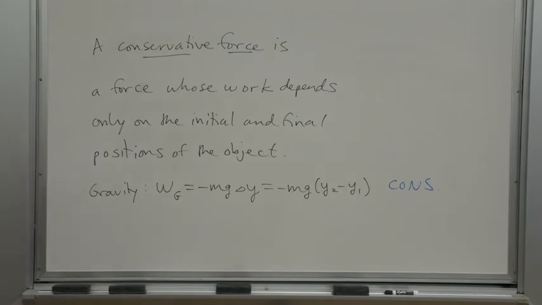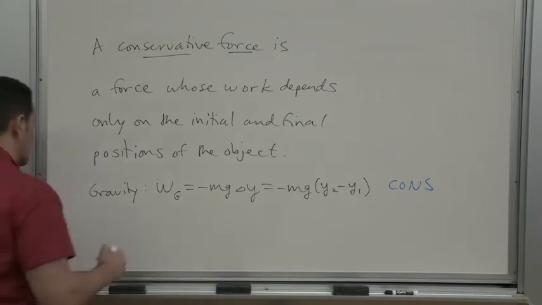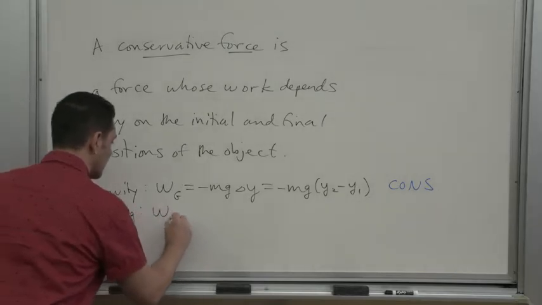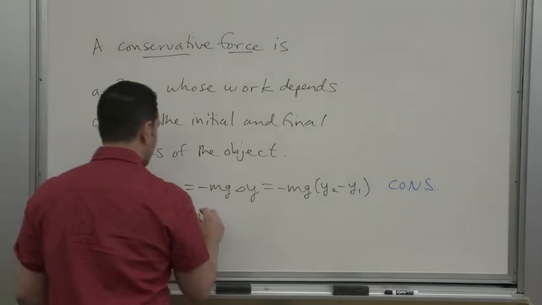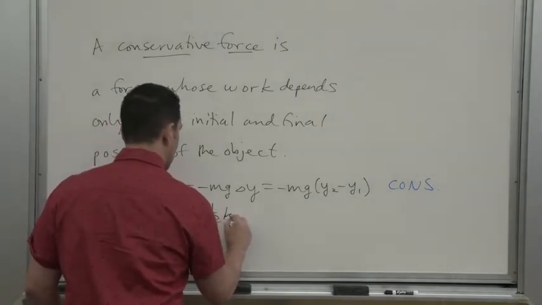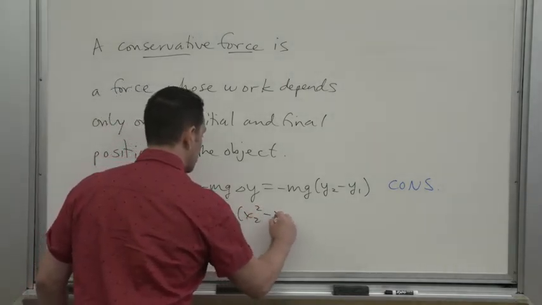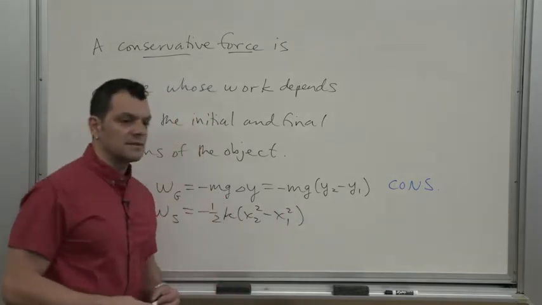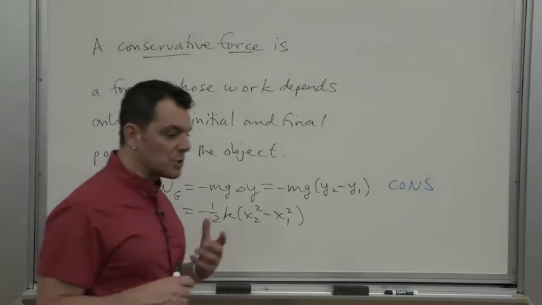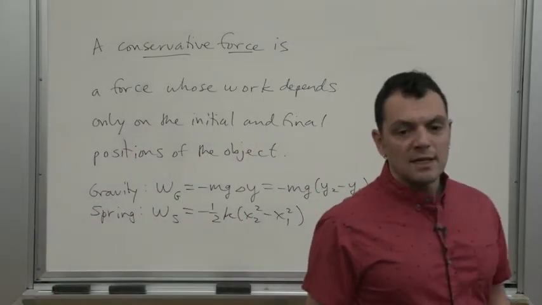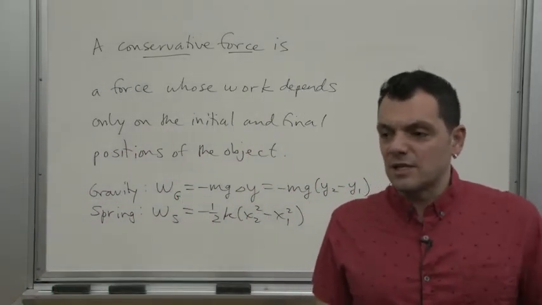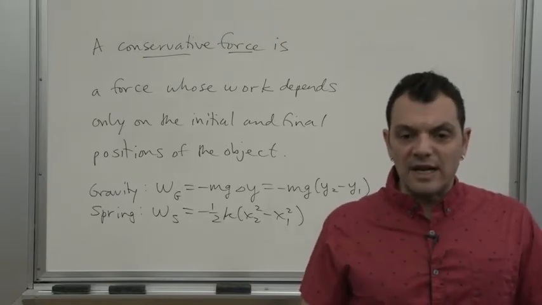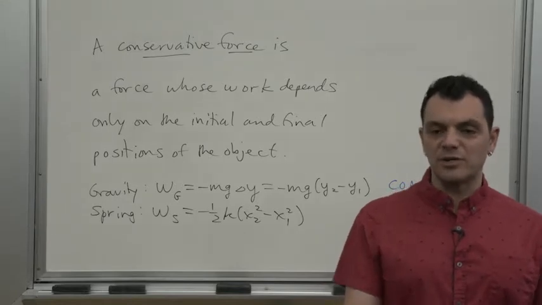Okay, what about spring force? The work done by spring force is minus 1/2 k (x2 squared minus x1 squared). And as you can see, once again, if you know the initial position of the mass, remember x is the amount by which the spring is stretched or compressed, and you know the final value of x, it doesn't matter how you got from x1 to x2.